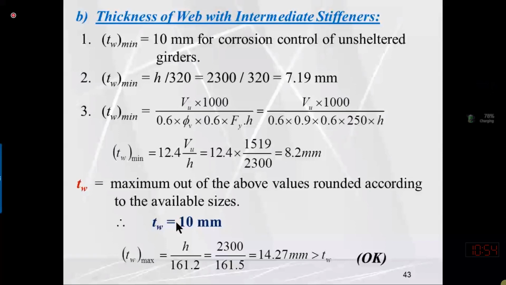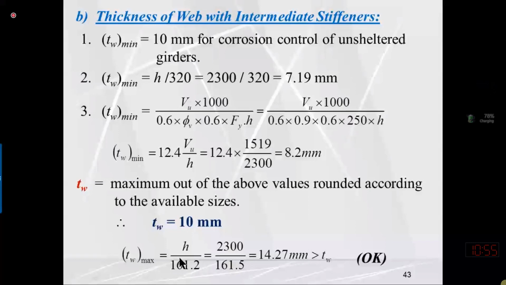So this provided thickness we need to compare against the TW maximum. This thickness should be less than maximum thickness of the web that we may provide. So TW maximum is equal to height of the web divided by lambda R value, or lambda 161.2 for a 3060, to make sure that web is compact, so which is 14.27.